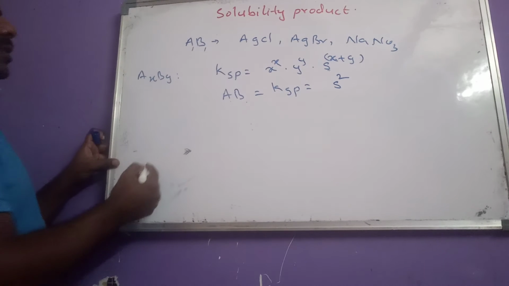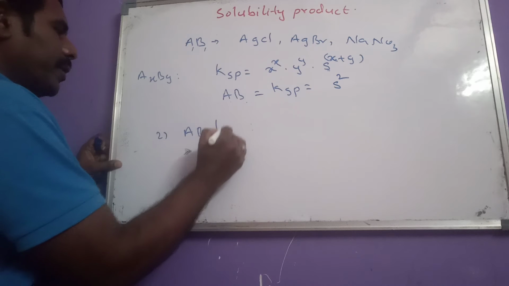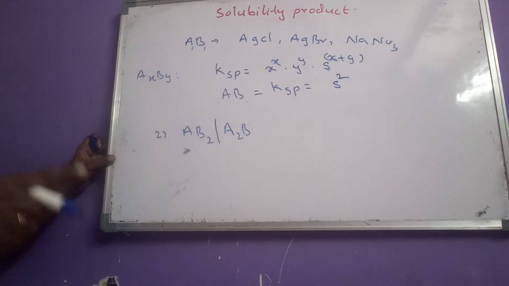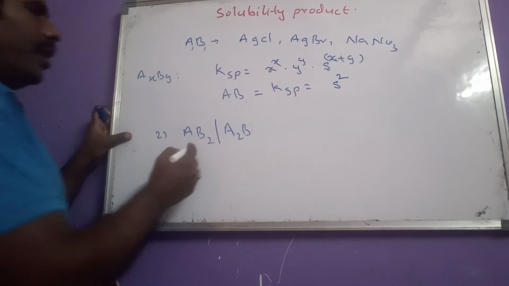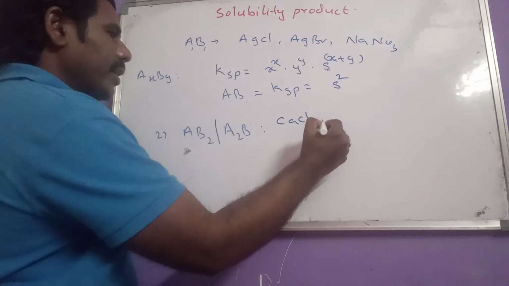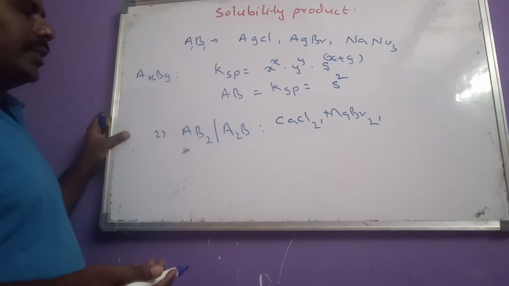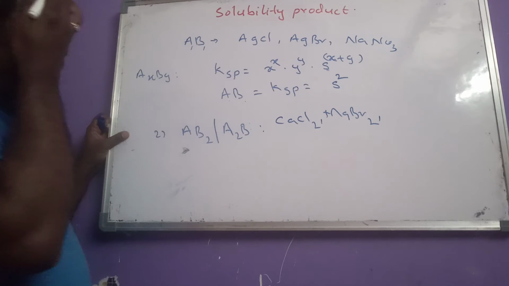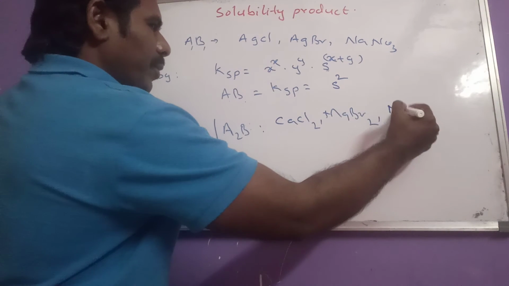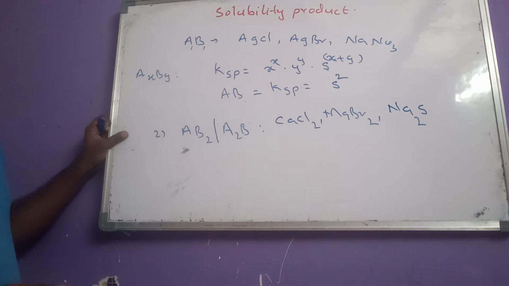Come to the second one, AB2 type or A2B type. For these two types of salts, the KSP formula is the same. Examples for AB2 type of salts: CaCl2, MgBr2, etc. And A2B type of salts also, for example Na2S, come under A2B type.